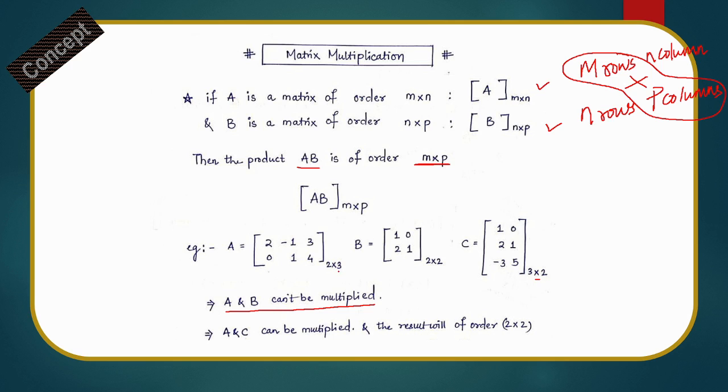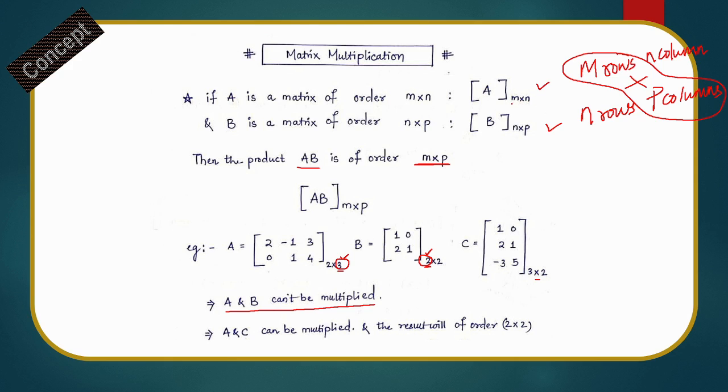The number of columns of A is 3, and the number of rows of B is 2. For matrix multiplication, the condition is that the first matrix should have the same number of columns as the rows of the second matrix. Here 3 is not equal to 2, so AB cannot be multiplied.